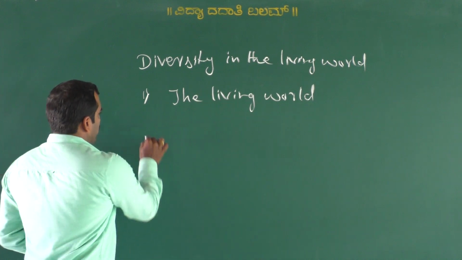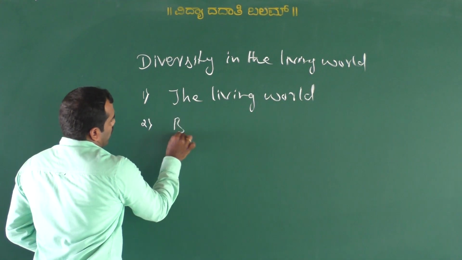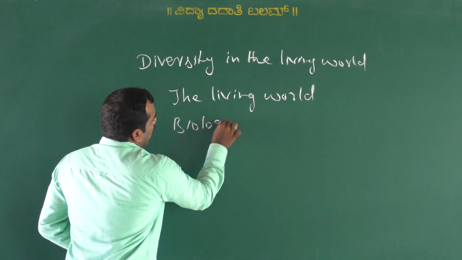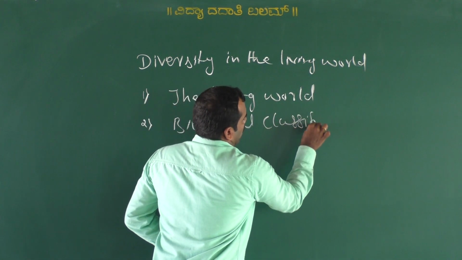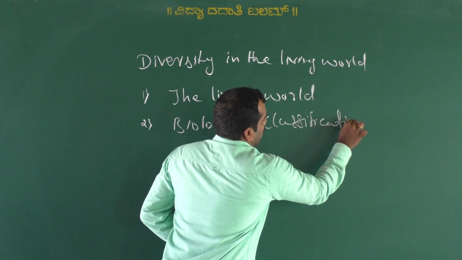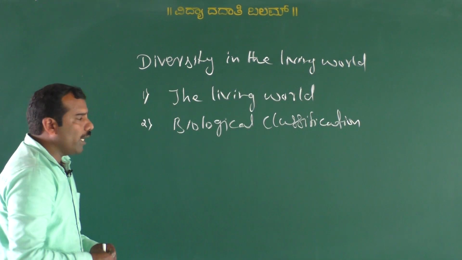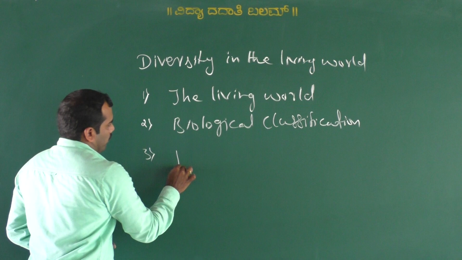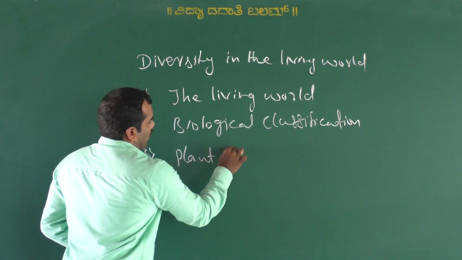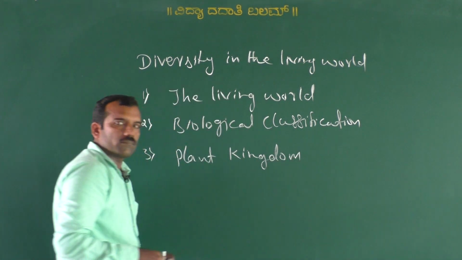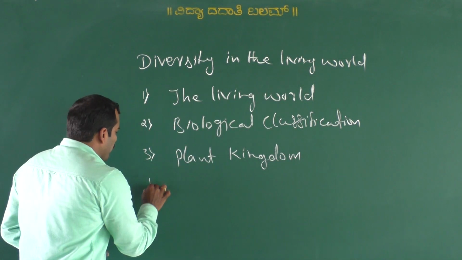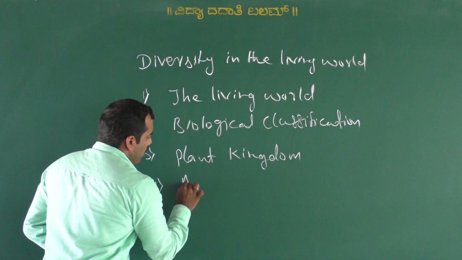The second chapter is biological classification. The third chapter is plant kingdom. The fourth chapter is animal kingdom.